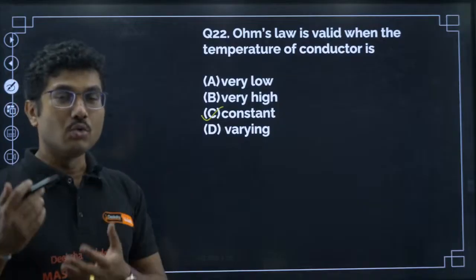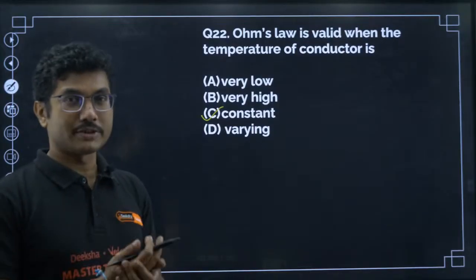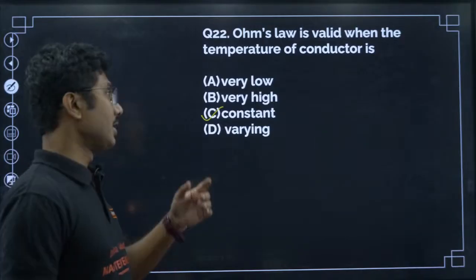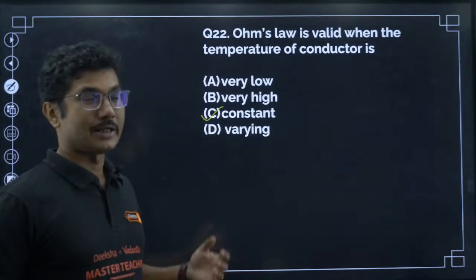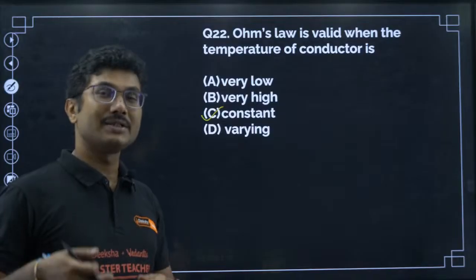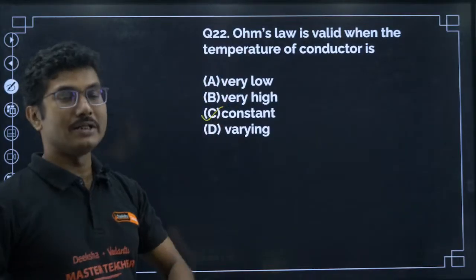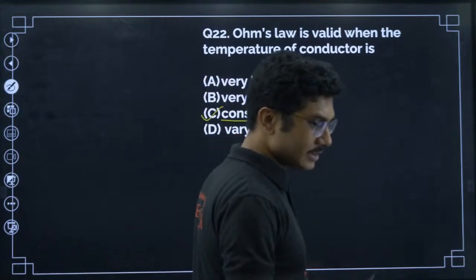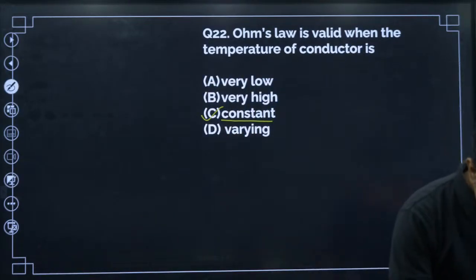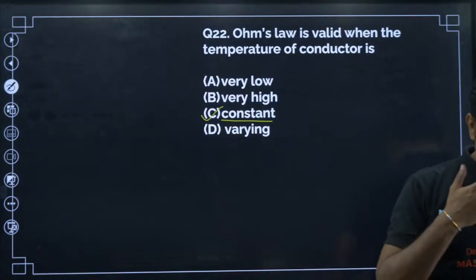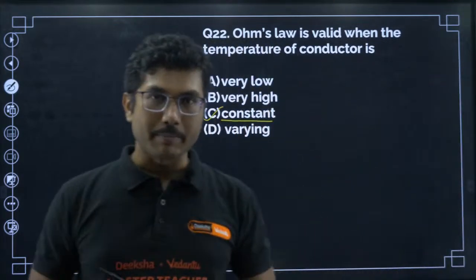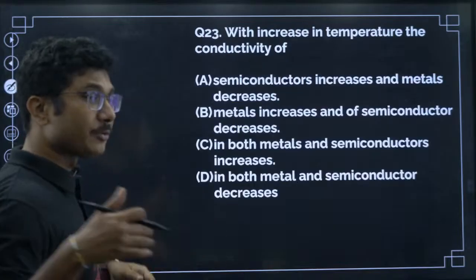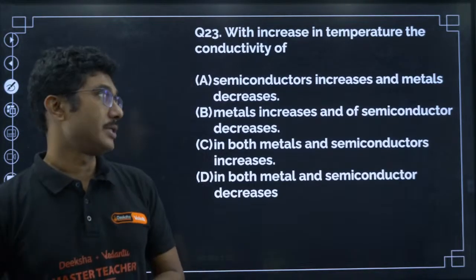If you look at the conditions of Ohm's law, temperature and other physical conditions must remain constant, and then V is proportional to I. So only constant temperature works. It is not applicable at very high or very low temperature, because the properties of the conductor change.